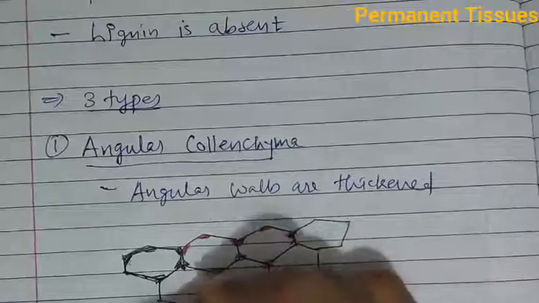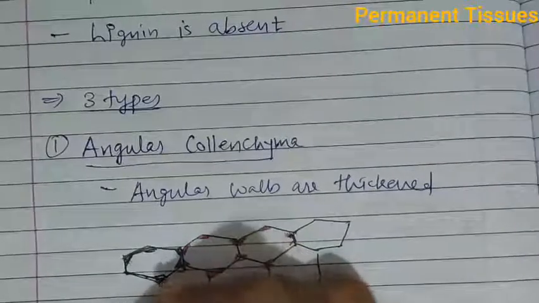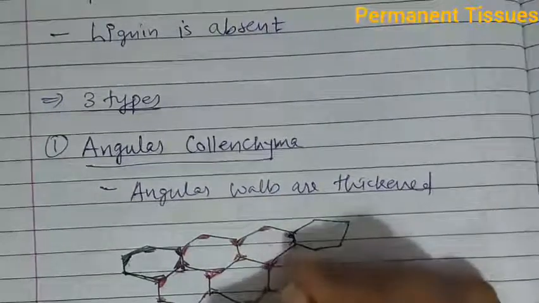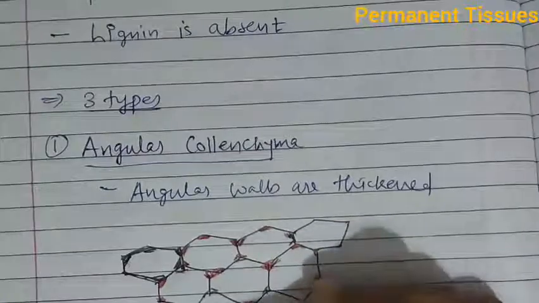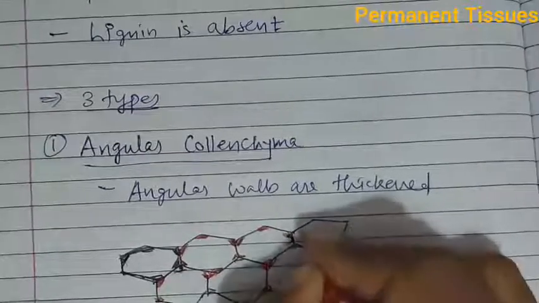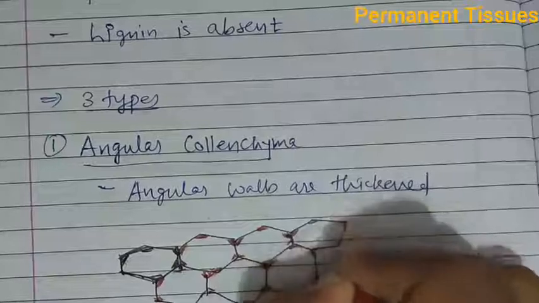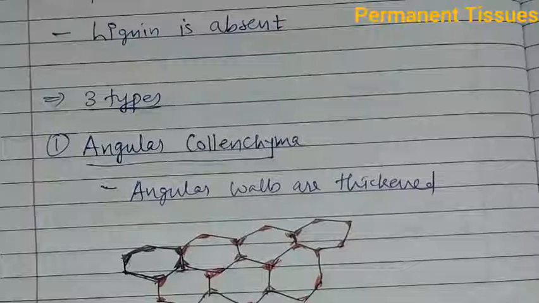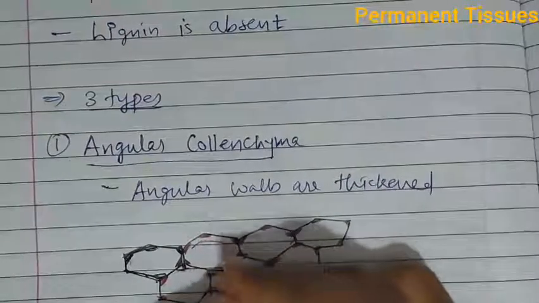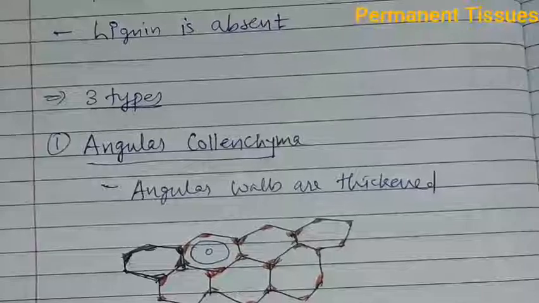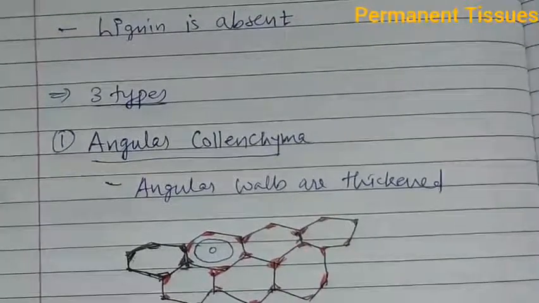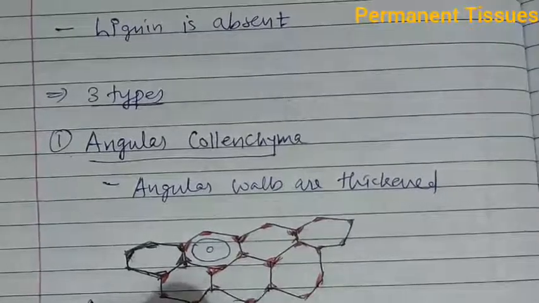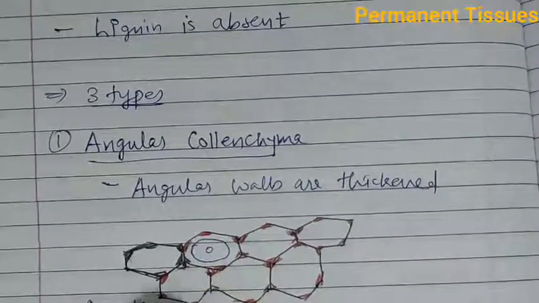So if these angular walls are thickened, then they will be called angular. Within that you will find the plasma membrane, nucleus, all these things. So they have angular thickening, and this is responsible for their nature.